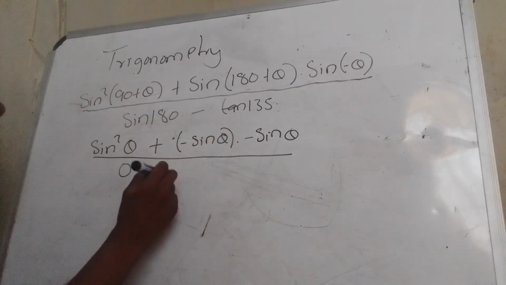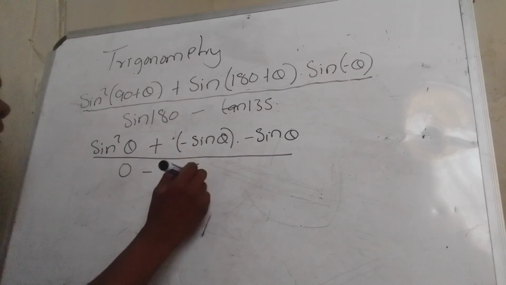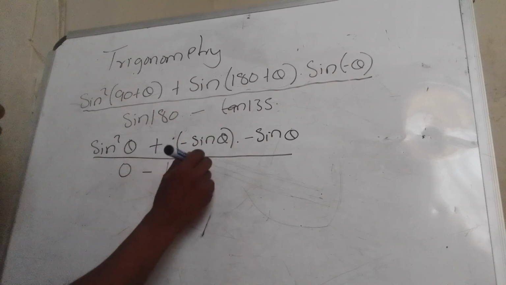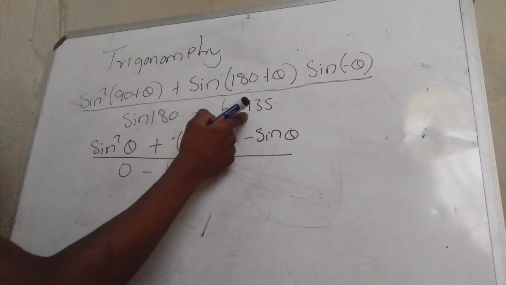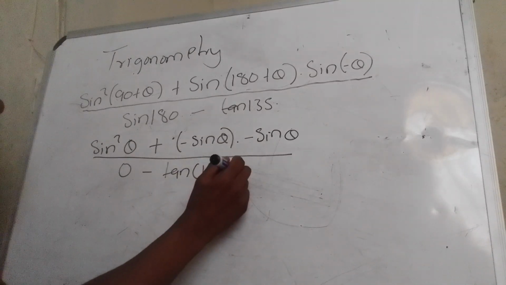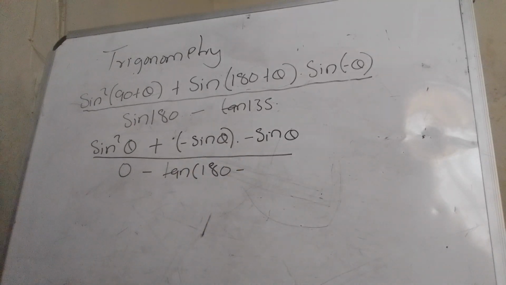Then we have this time 135. We're going to say 180 minus 45, which is going to give us 135.